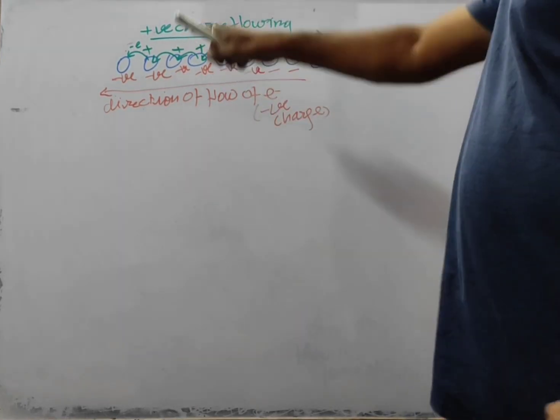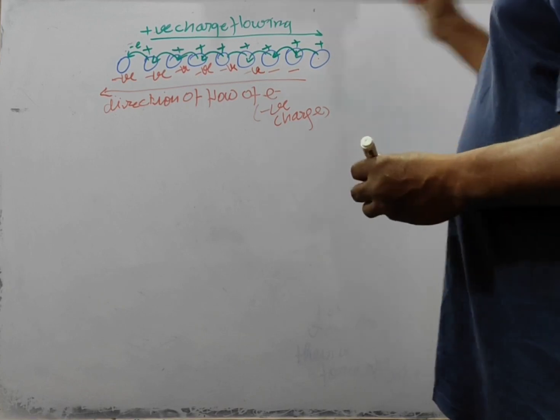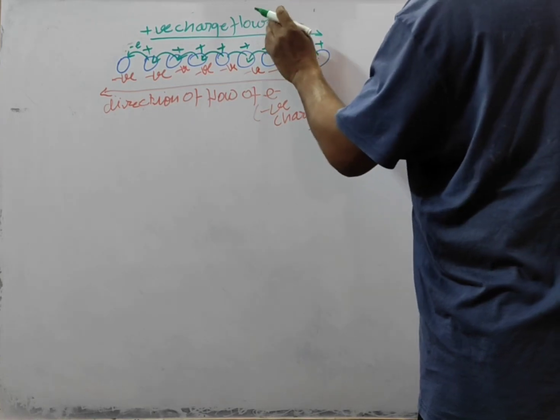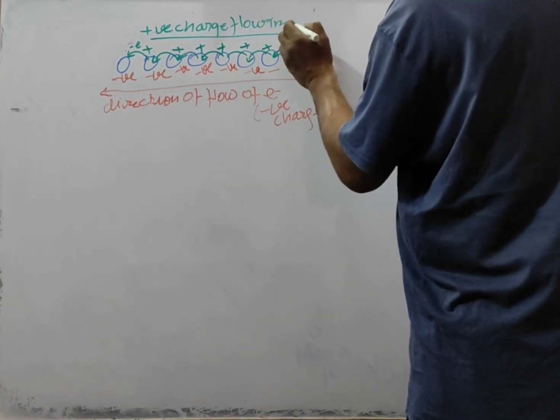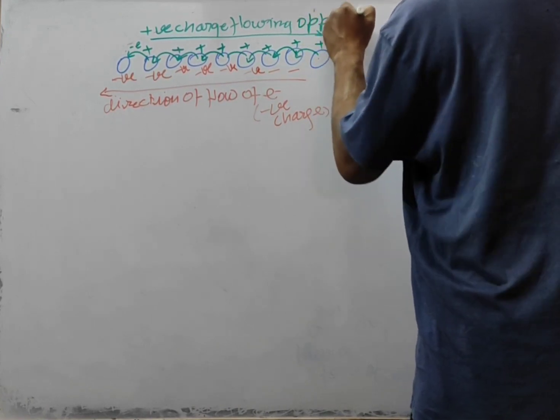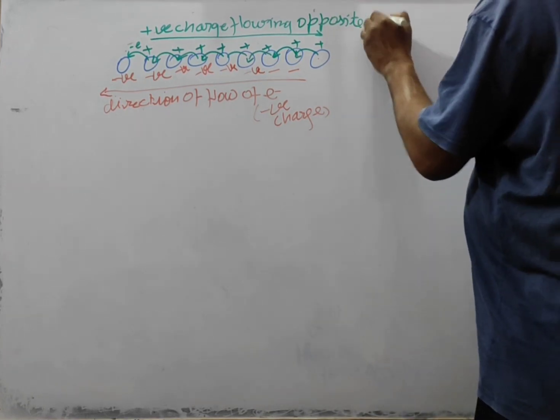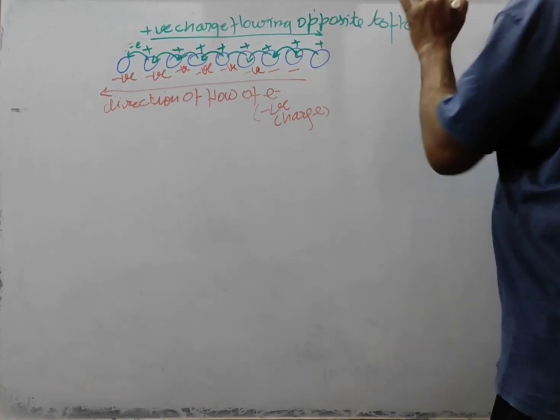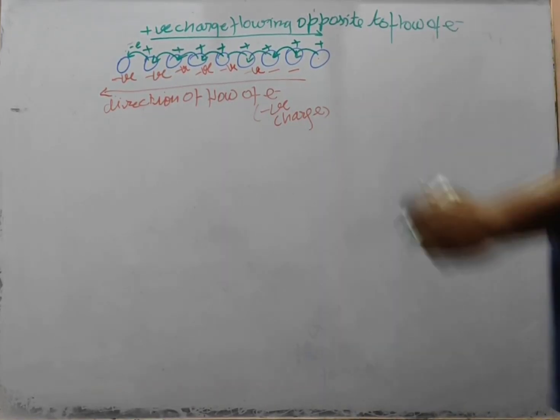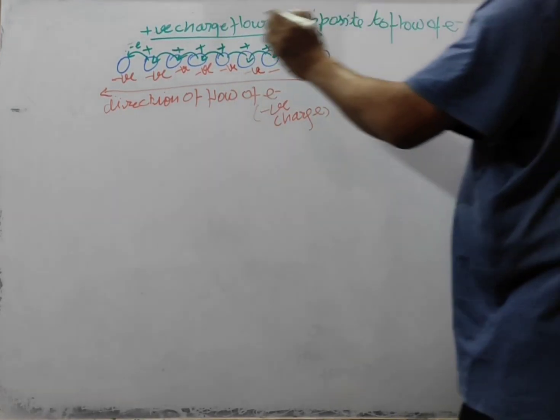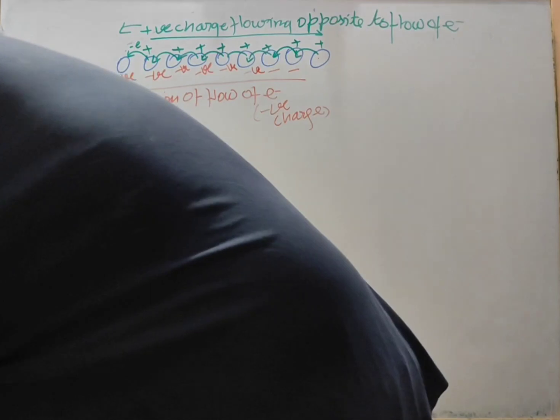And this is positive charge flowing. So positive charge is flowing opposite to the flow of electrons, and this belongs to the direction of conventional electric current.